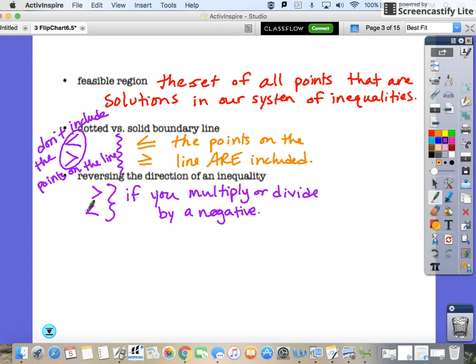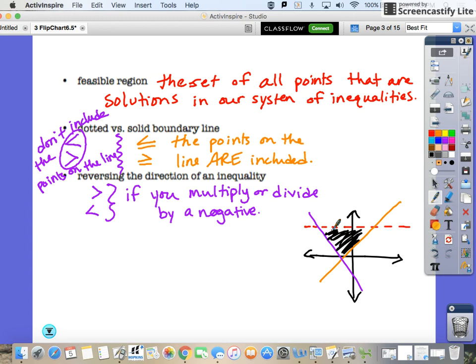Just so you can kind of see these things in action, if you have a coordinate plane, you might have one inequality like this, another like this, and a third like this. Your feasible region is in here. That's where they might all be true, depending on how they shade.